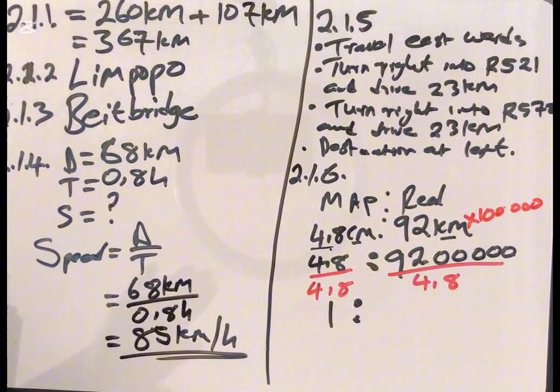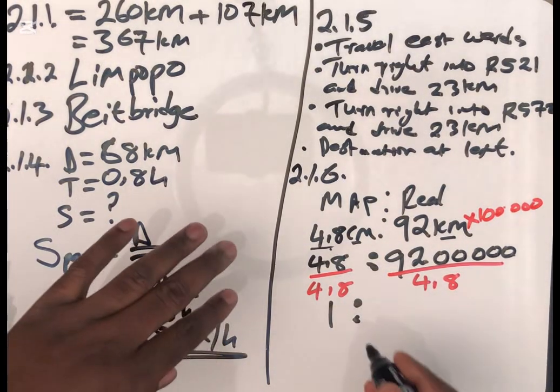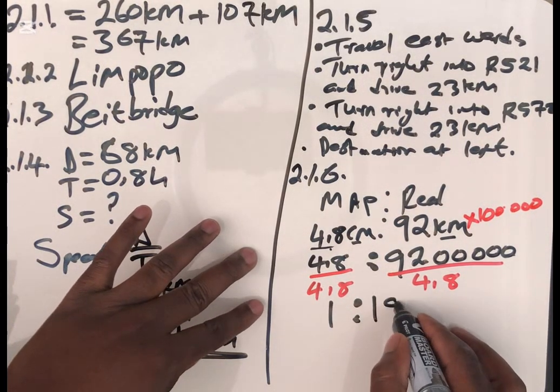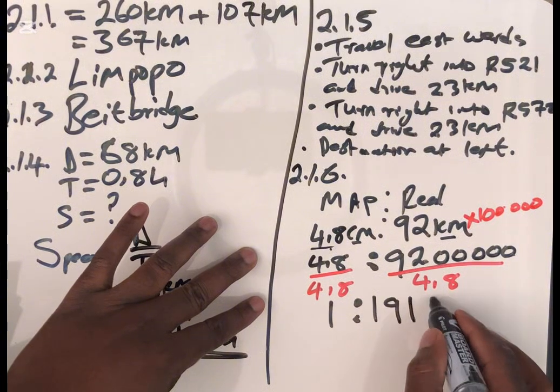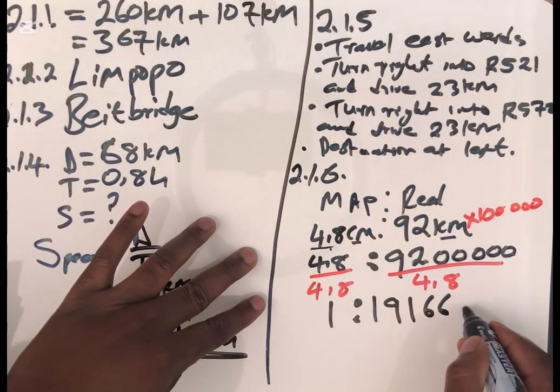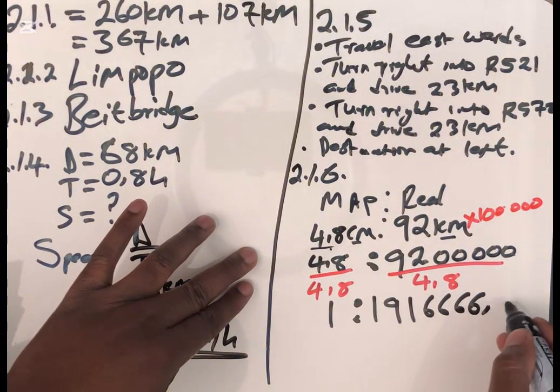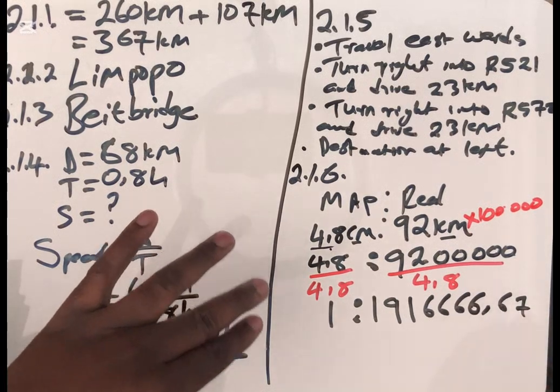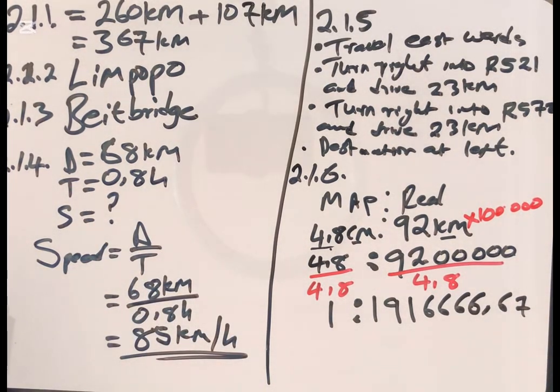Is to what? 9,200,000 divided by 4.8. I found that it is 1,916,666.67.